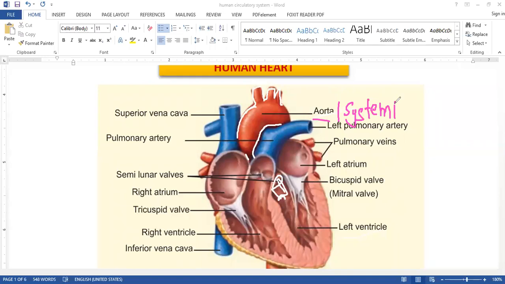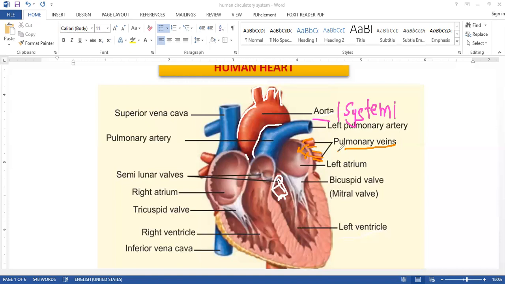And there are the main veins which bring blood towards the heart. One is the pulmonary vein, where the blood is flowing towards the heart.